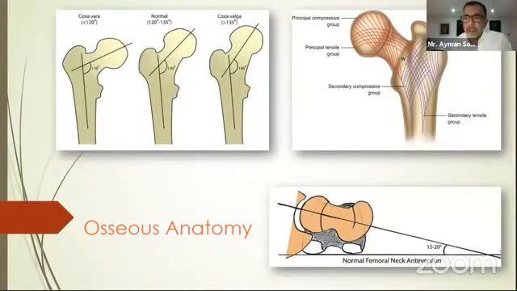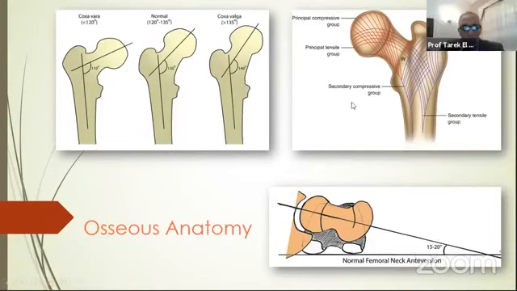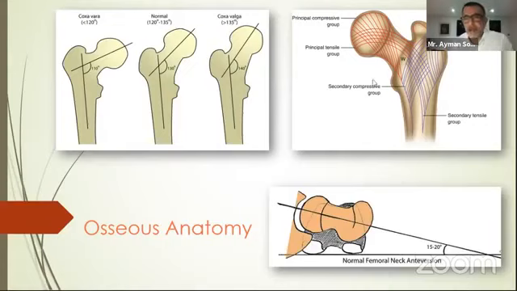Now, before we start, I'm going to bore you a little bit with some talk about osteology and biomechanics. I'm not going to go in depth with these, and trust me, everything I'm about to say has a very relevant clinical implication. So the proximal femur is composed of the head of the femur, which is more than half a sphere, bears the fovea, connected to the shaft with the neck of the femur at a given neck shaft angle.